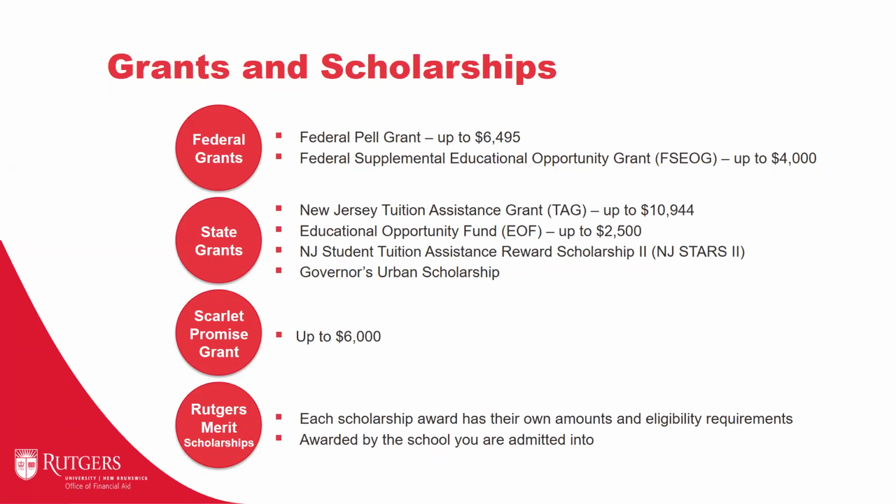This grant also is quite limited, and mainly students who completed their FAFSA by the priority deadline would be eligible for this grant. Of course, given that they're eligible based on other factors.